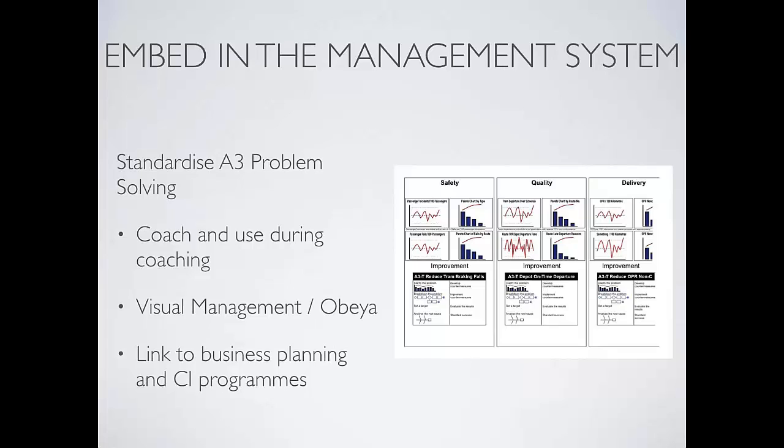And so commonly I'll bring A3s into visual management. So part of my work is to set up standard visual management for each team and each level in the business. And A3s are attached to metrics. So we'll either see an A3 as a top-down initiative coming out of business planning, or it's bottom-up daily standard work improvement.